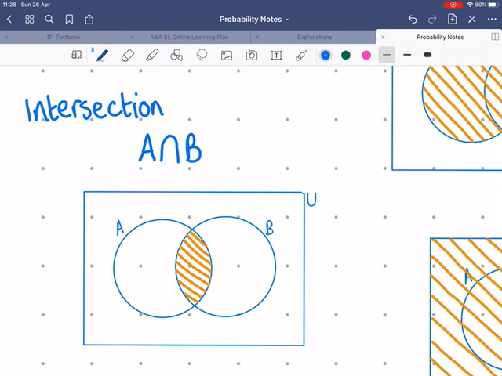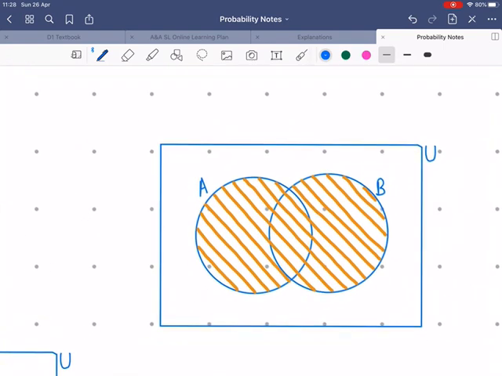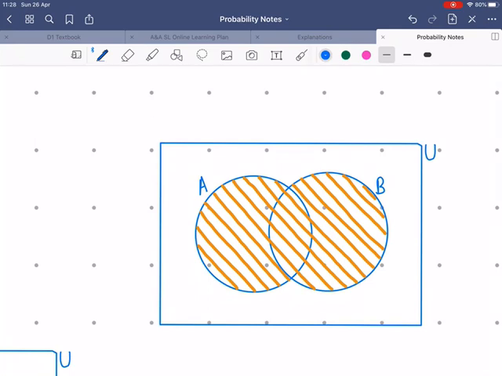A intersection B. That means A and B, both at the same time. Now here, you might describe this as A or B or both, just a total combination of A and B. A or B would be better, I'd say. Now this is going to be called the union, which is a name that makes sense.